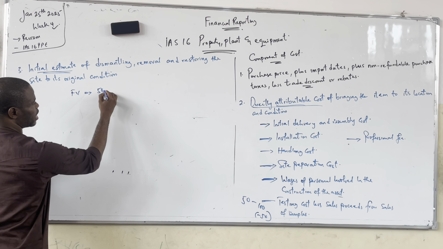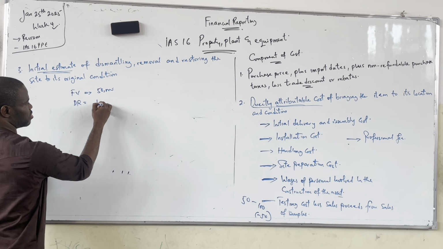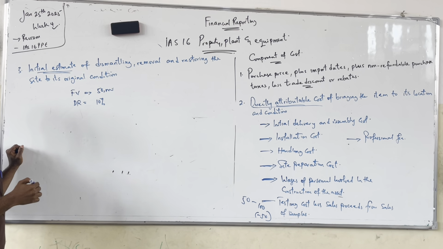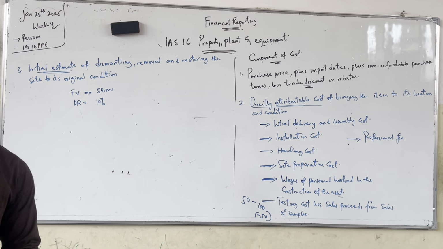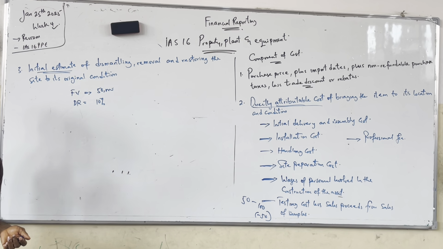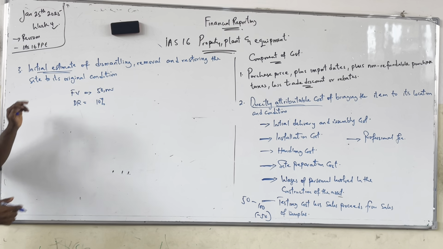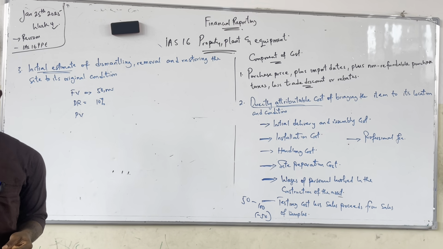They can give you 50,000, and a discount rate of 10%. Or they simply give you the discount factor and will not say anything. That means you need to derive the present value.